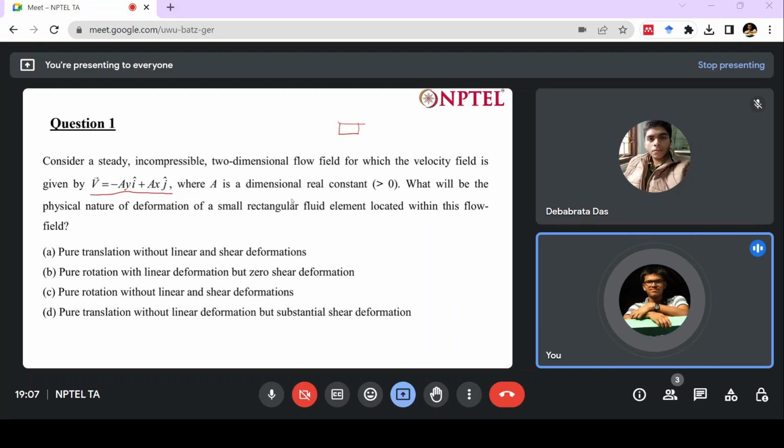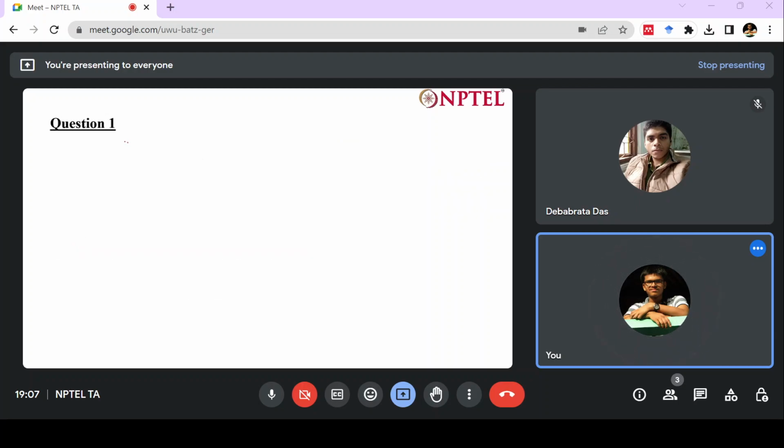First thing, before getting into any mathematics related to deformation or rotation or any such thing, let us first try to visualize what this flow will actually look like. The velocity field that has been given to us is minus a y i cap plus a x j cap.